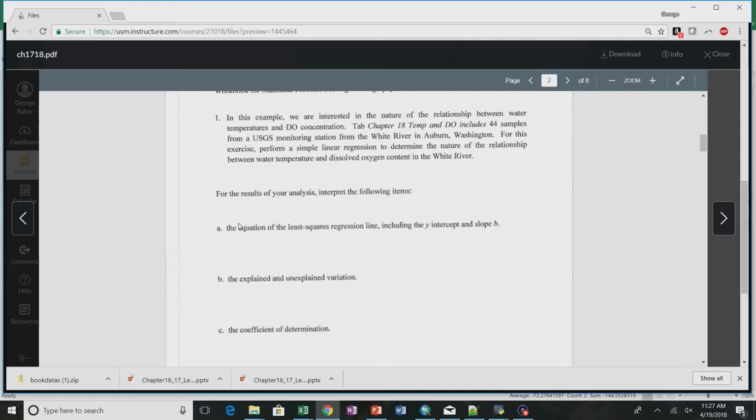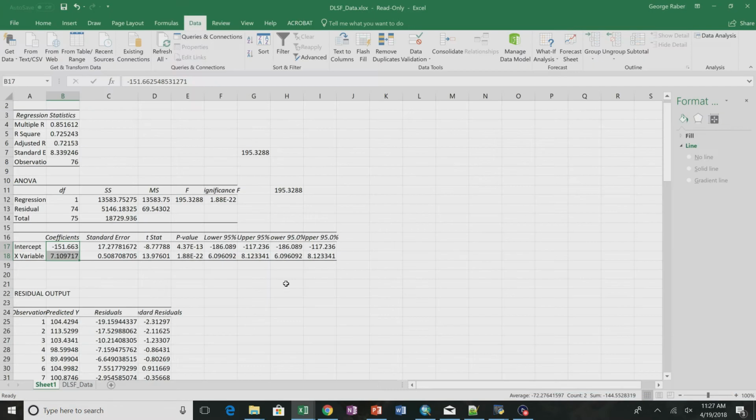Okay. The explained and the unexplained variation, that's not on the chart. Where do I get that from in this table? Because this is how almost every table I've looked at that does regression analysis looks like this. So where's the explained and the unexplained variance on this table?